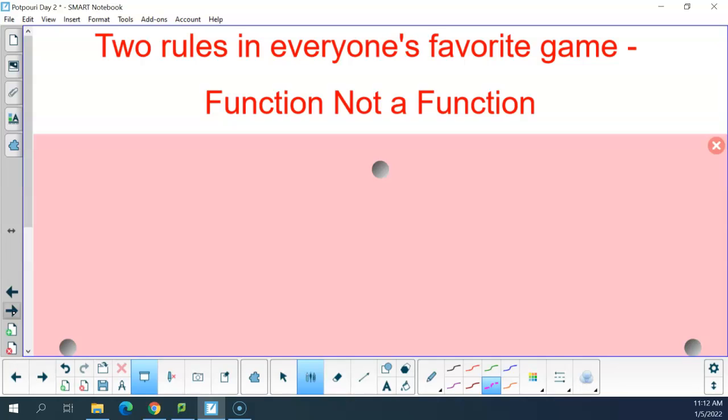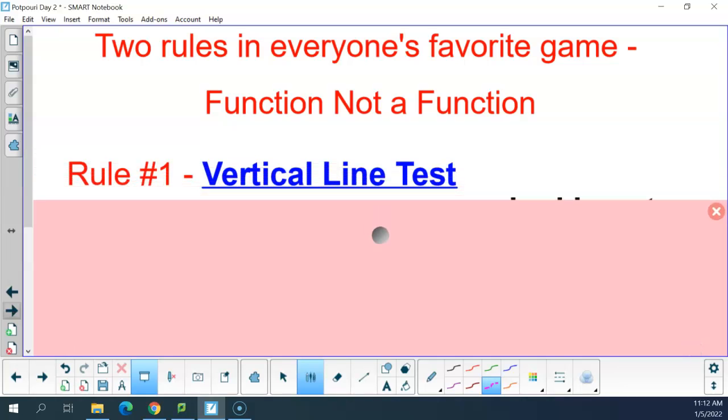Is there a test that we could do? The vertical line test. Okay. So the first rule is the vertical line test.